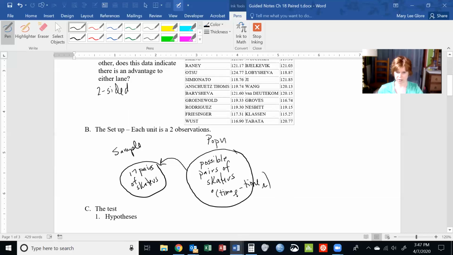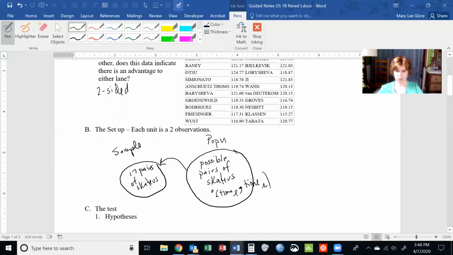The left is where they start, and the right is where the other person started. So there's this time left and time right, and I'm interested in the difference, because we want to know if there's an advantage. So I'm going to be looking at the difference in these times.